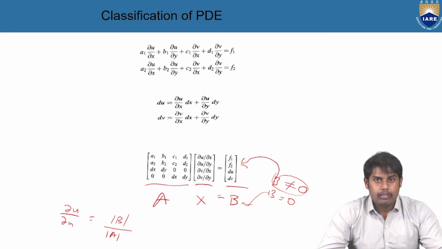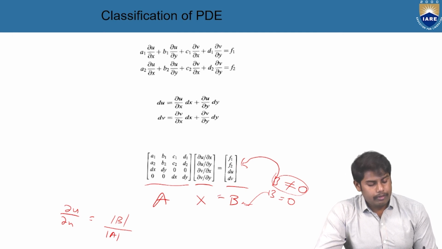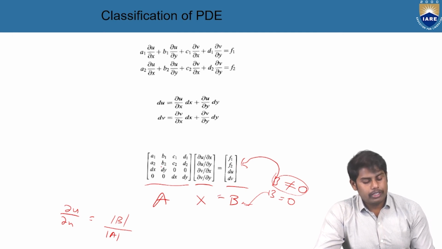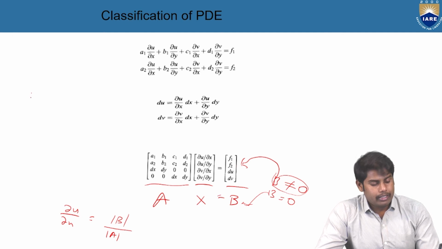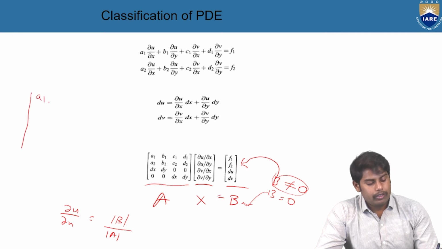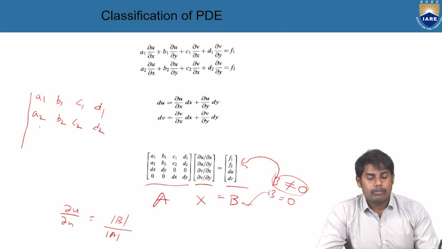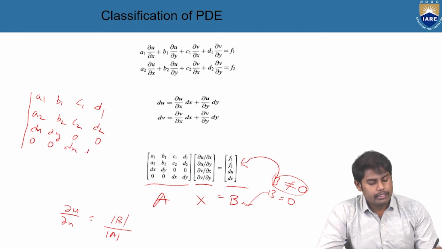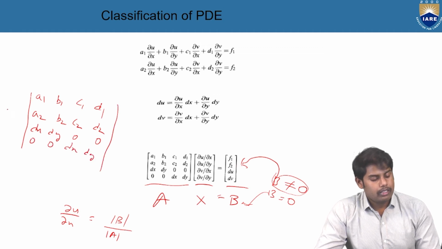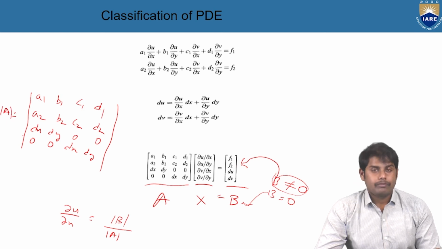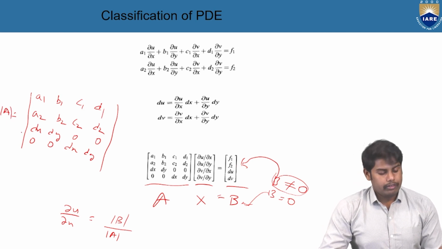So the determinant of the A matrix is: A1, B1, C1, D1, then A2, B2, C2, D2, next dx, dy, 0, 0, and 0, 0, dx, dy. So this is the determinant of A.